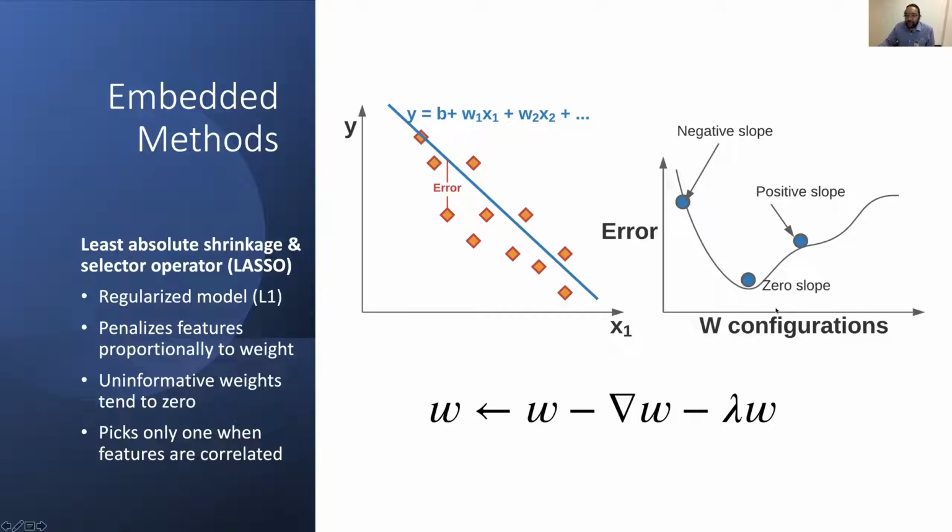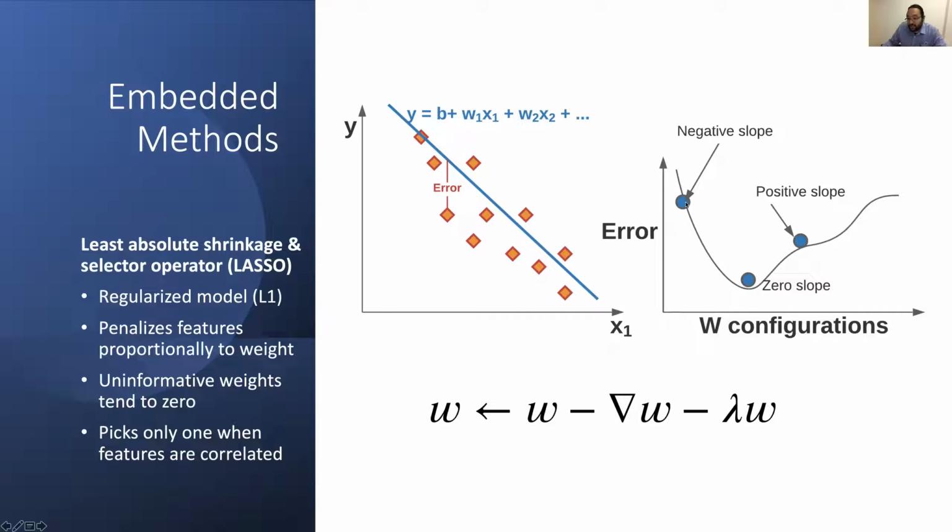With any arbitrary configuration of weights, you can calculate that error, measured as maybe the mean error, the mean squared error, or the mean absolute error, whatever it is. Every configuration of these weights W is going to give you a unique error, and it'll have this complicated shape. So now we can say this is actually like a gradient descent, but it expresses what the regularization is.